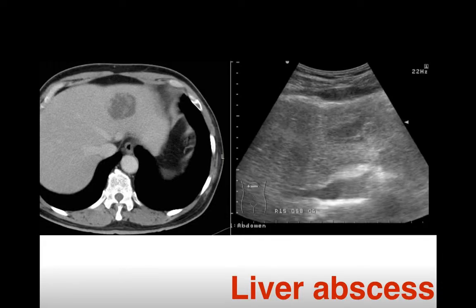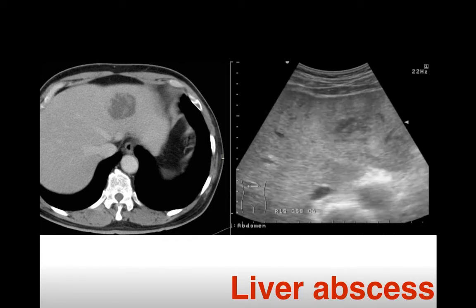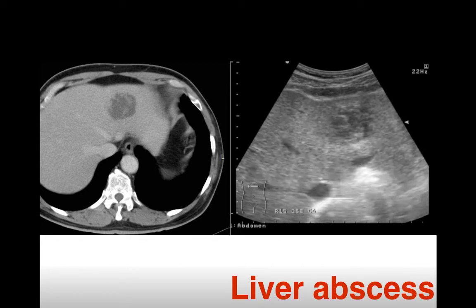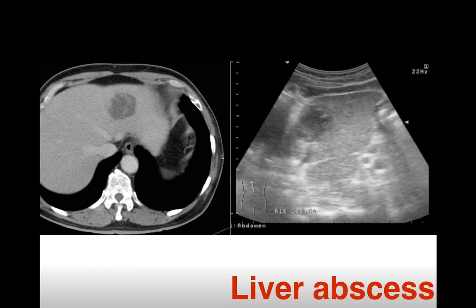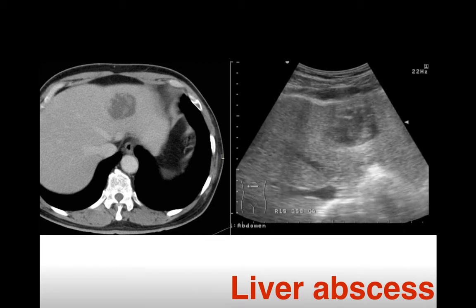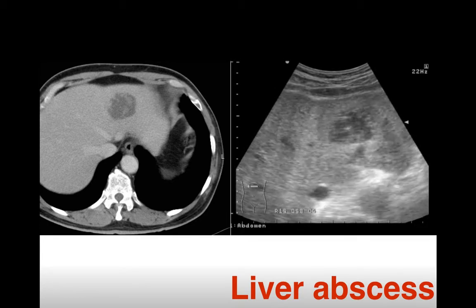Sometimes you will encounter fever and pain and happen to find this kind of situation. Inside the liver, the black area is here. This is the left lobe. We can see the hypoechoic, even mosaic patterns without clear shape.